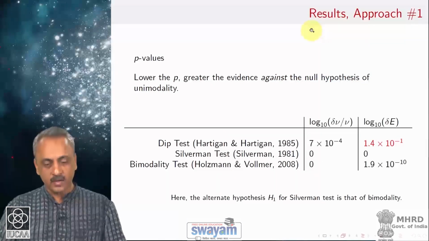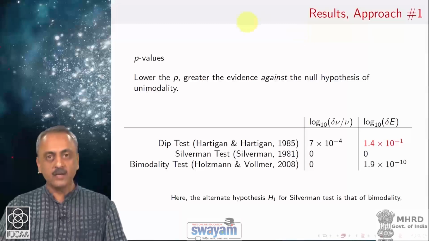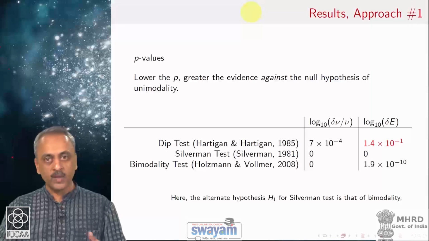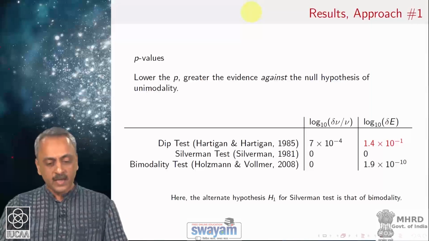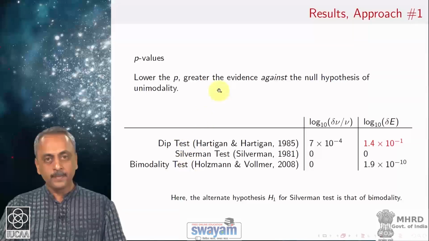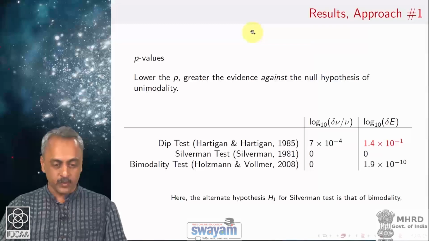Cutting short the long story in between, there are several statistical tests whose formal properties are well established. These are the tests listed here, some of the tests for checking for multimodality of a distribution.